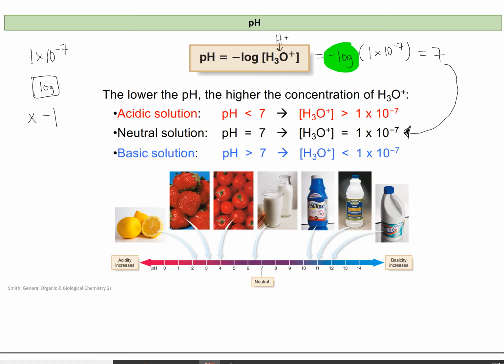It's important that the negative is not applied at the concentration, but rather at the log of the concentration. And this allows us to take a very wide range of numbers that could go from 10 to the negative 30th to 10 to the 30th, which is an exaggeration, and put it on a logarithmic scale.